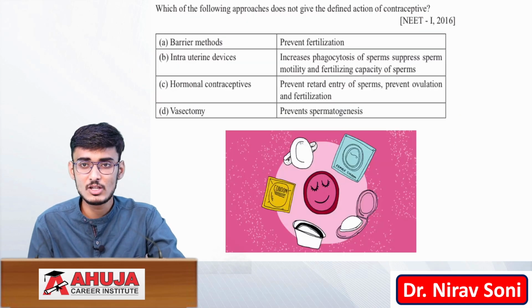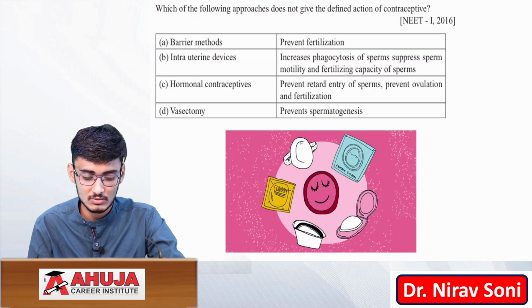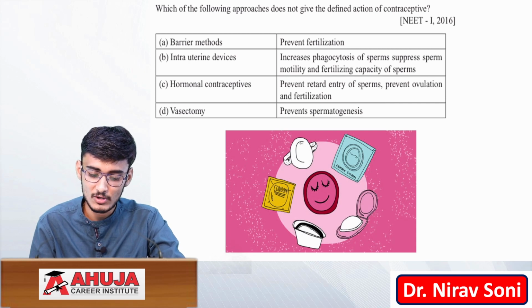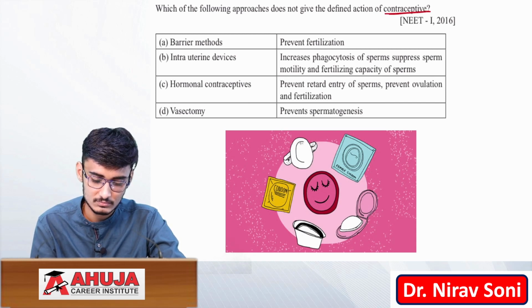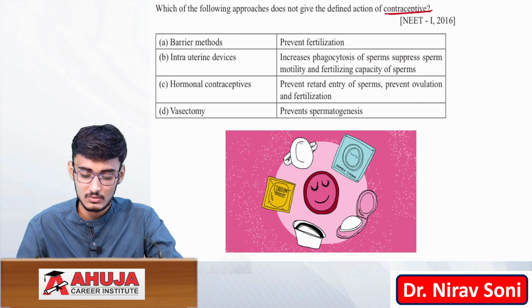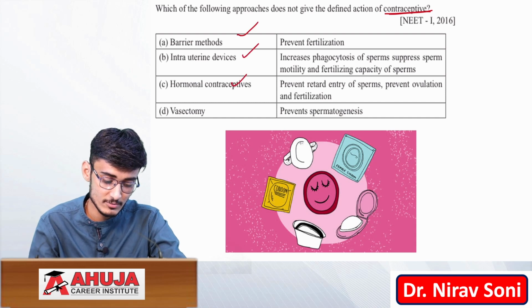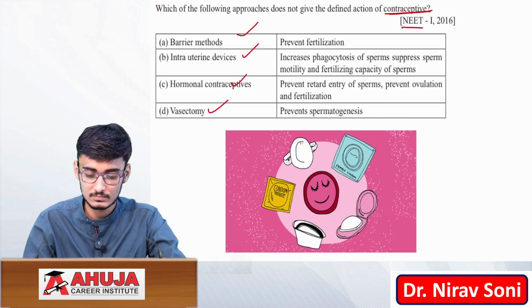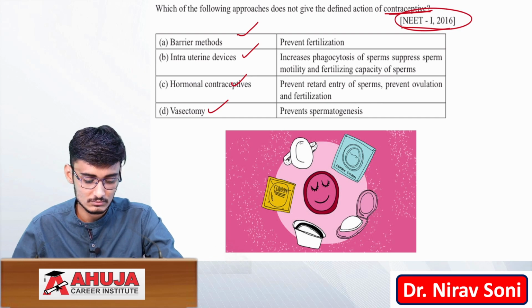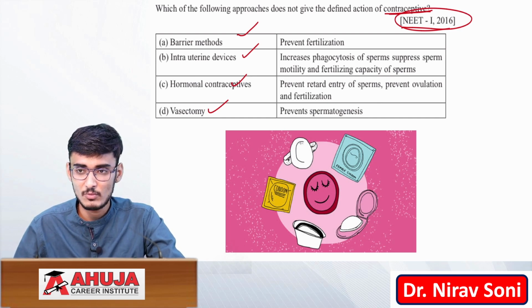Next, which of the following approaches does not give the defined action of a contraceptive? Find the proper figure and give the correct answer over here. Barrier method, IUD, hormonal contraceptive, vasectomy. Contraceptive method.